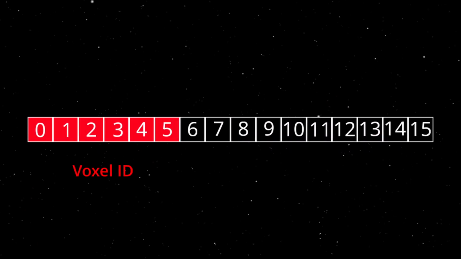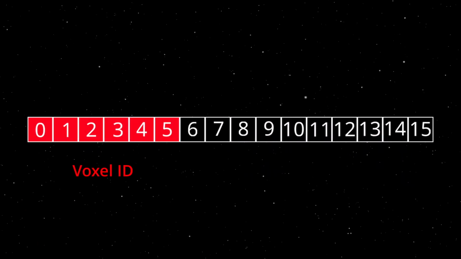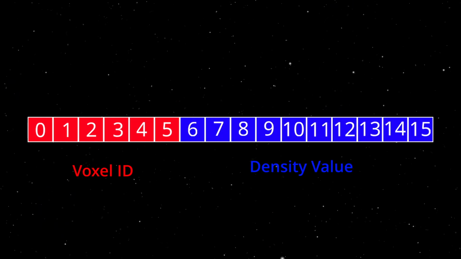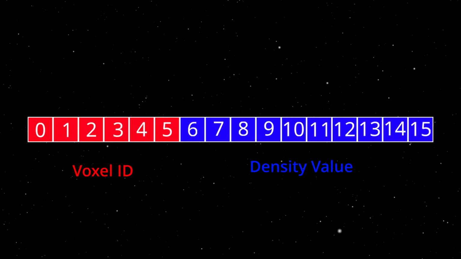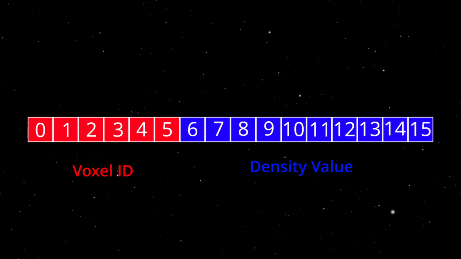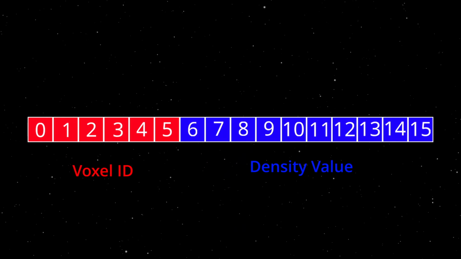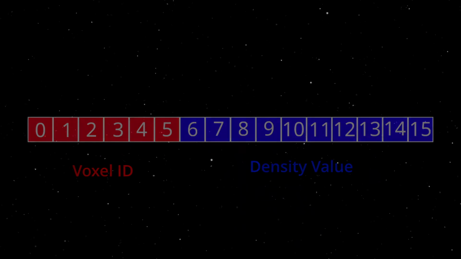Currently, I have a very simple setup for handling textures, storing a voxel ID, which is an integer that represents dirt, stone, air as 0, 1, 2, and so on, all the way up to 63, which I then pack into 6 bits, and then the density value into the remaining 10 bits of a single unsigned short, or a 16-bit integer. Hence why the IDs can only go up to 63, because anything larger than that would take up more than 6 bits.